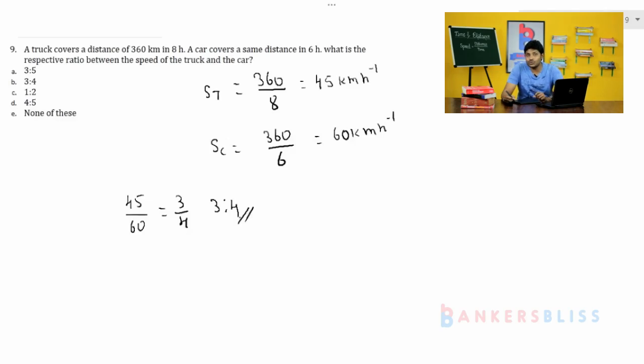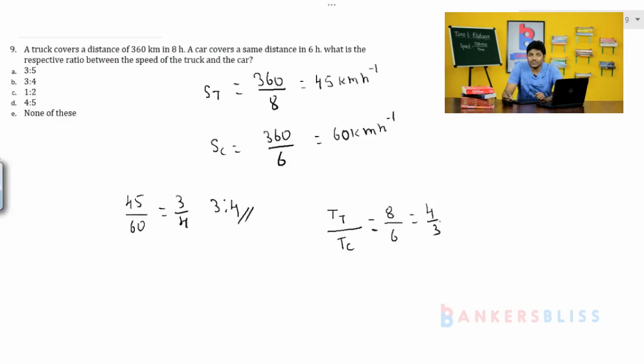Next, what do you have to do? One concept we had learned in the introduction. So, what is it? Speed is inversely proportional to time, or time is inversely proportional to speed. See here, the ratio of time taken by truck and time taken by car is 8/6, that is 4/3.